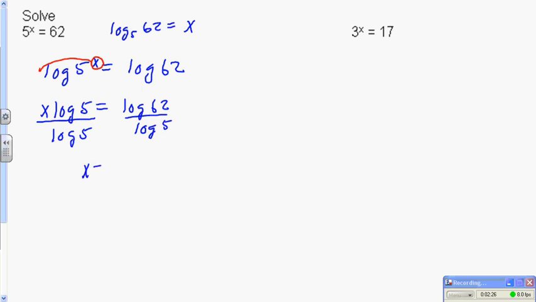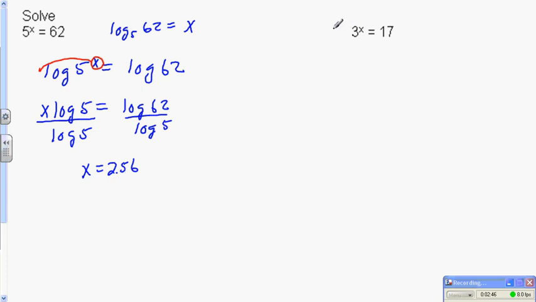So x equals, if you divide those two, you get approximately 2.56.